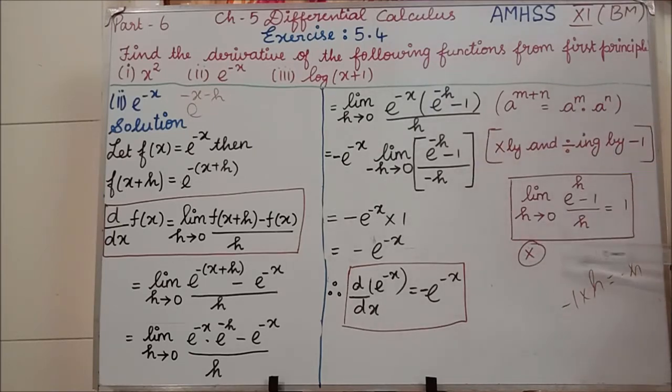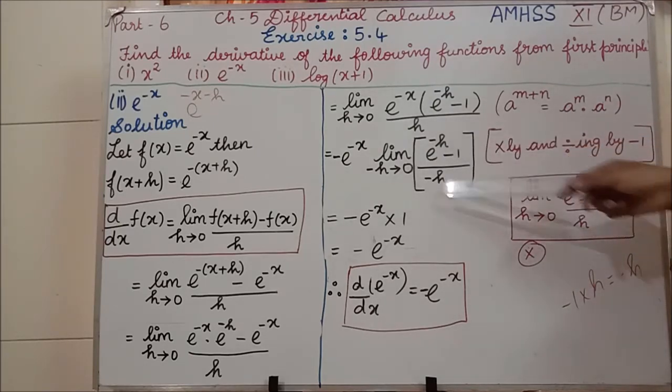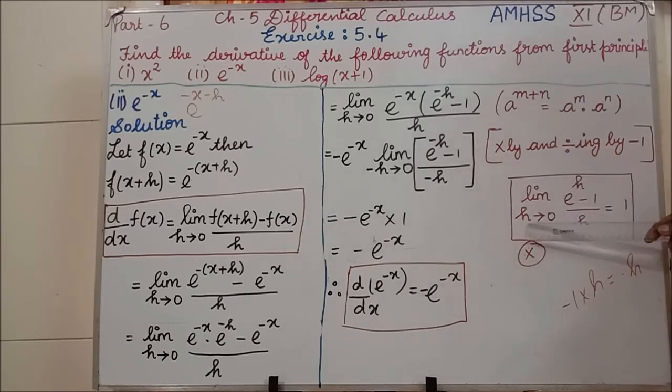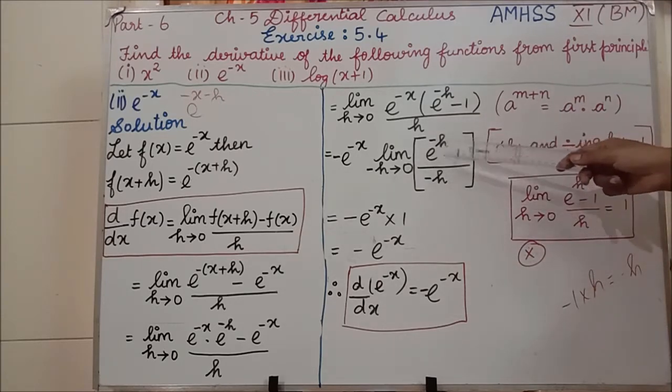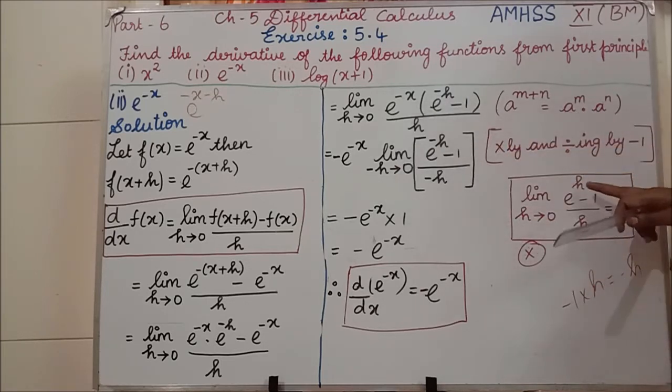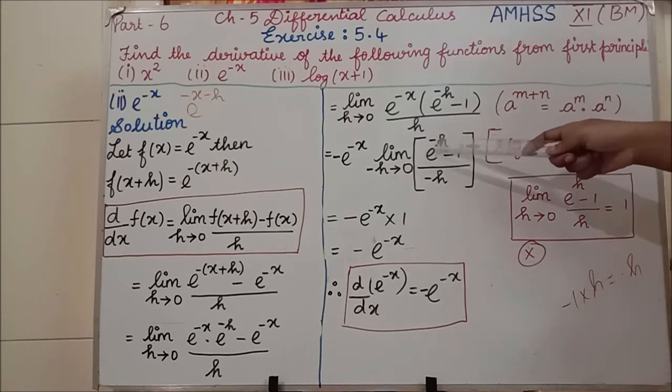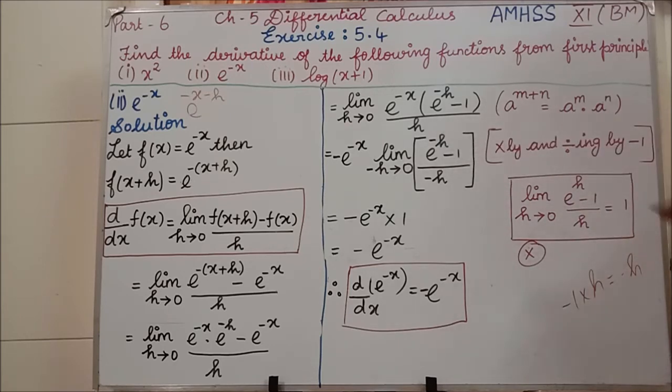According to the formula, limit minus h tends to 0, e power minus h minus 1 divided by minus h. This is the same type; instead of positive h, we have minus h. That only will differ, but everywhere we have minus h. So this full value, according to the formula, will become 1.